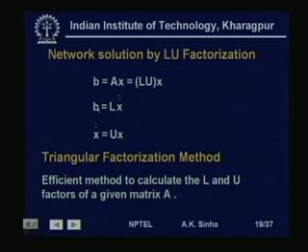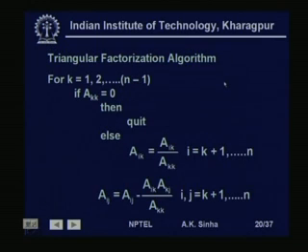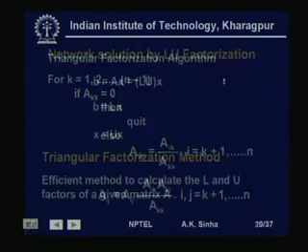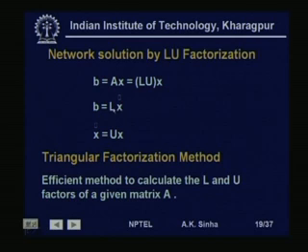as B is equal to L into x hat. Actually, this hat has not come here properly. This is L into x hat, and what is x hat? x hat is equal to U into x.